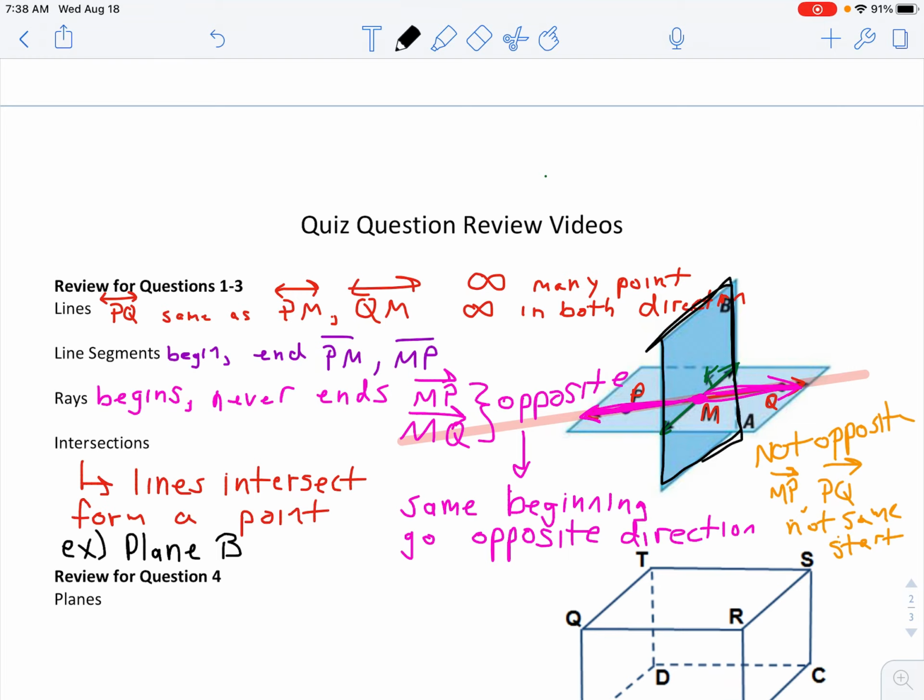This is plane B, and then line PQ. Notice how this line goes through that plane right at point M, intersect at point M. All right, that's it.